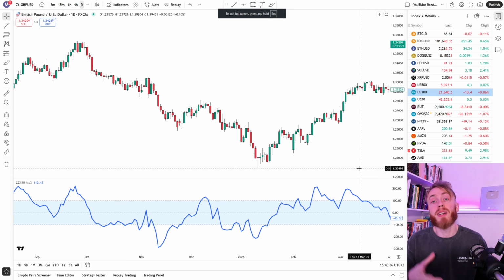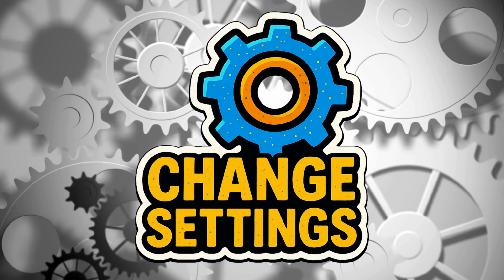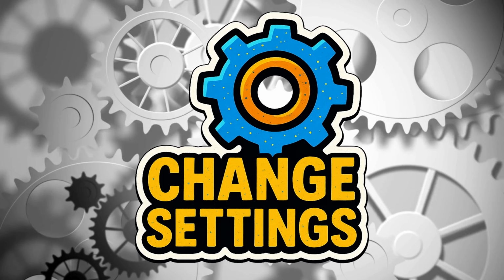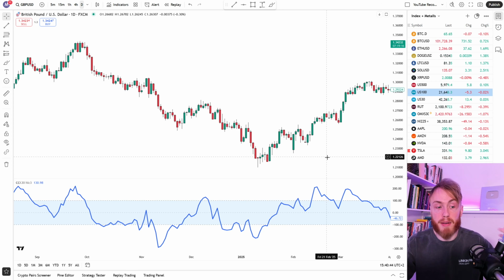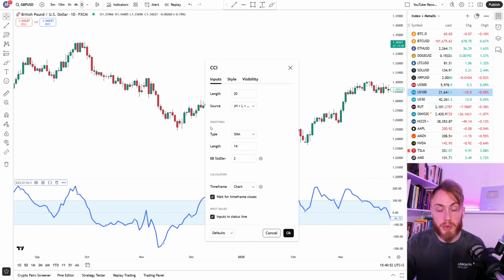But right, so now last but definitely not least, let's take a look at how we can change the settings of the CCI indicator to potentially make it even more effective. To do this, we want to go down here to the settings tab, and then navigate to inputs. You can see the first setting is called length.